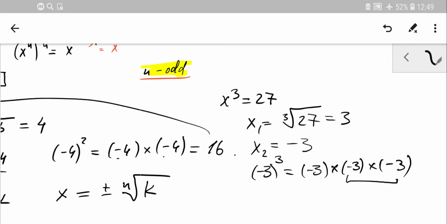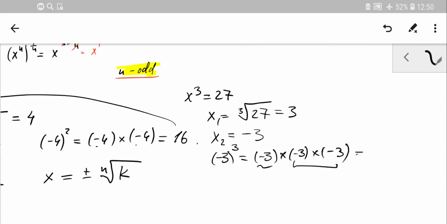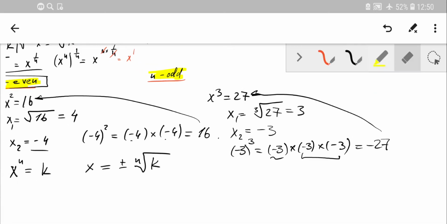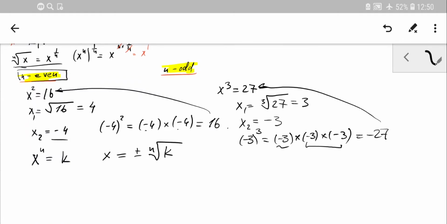So two minuses will disappear, however, there will be one left out. That means negative 27. But because you have positive 27, the negative solution doesn't work. So from here I can set up the general rule that if n is odd, we have a general solution as just the nth root of k without plus minus. That's it. This is the typical one.